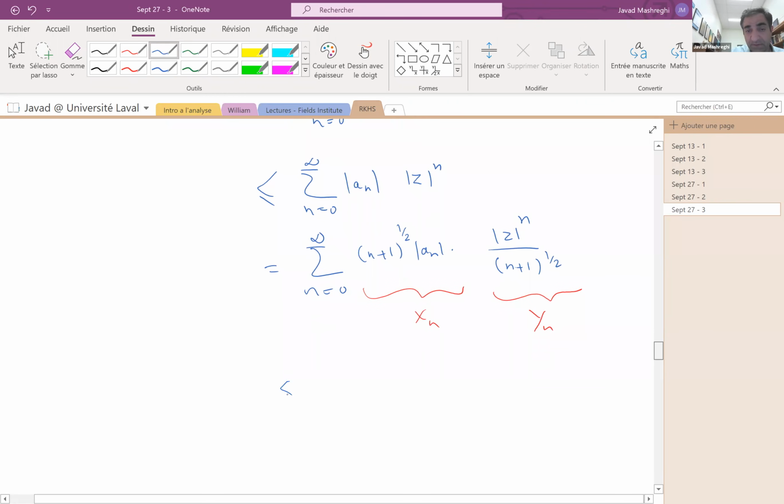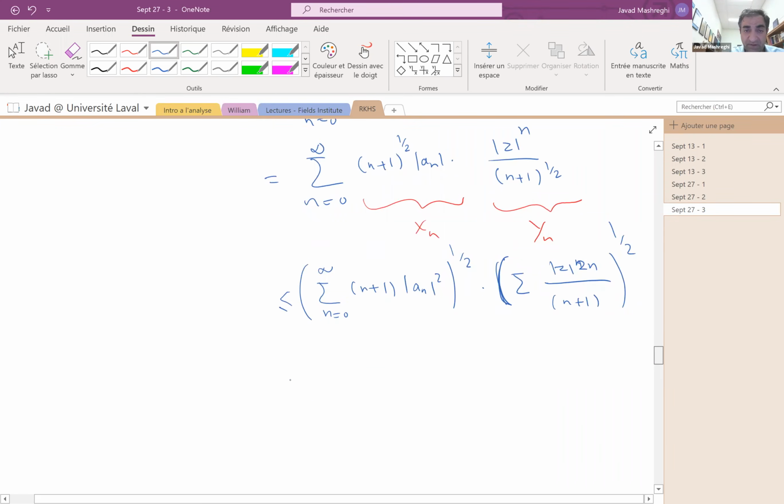So it's less than or equal to the square root of the sum of x_n squared times the square root of the sum of y_n squared, which is z^{2n} over n plus 1, to the power of a half.